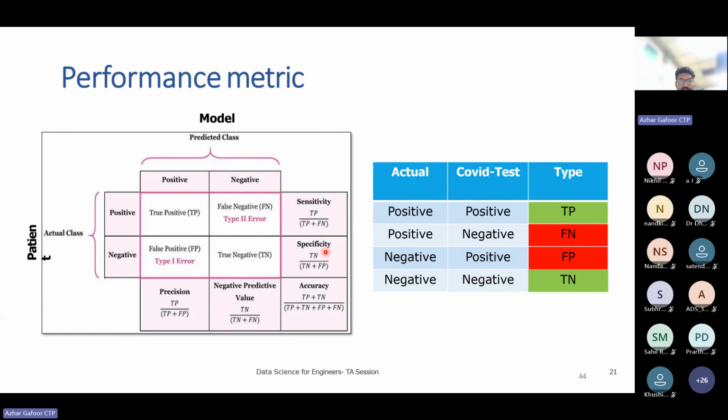Similarly, the negative predictive value is given by true negative divided by true negative plus false negative. And accuracy is a measure of, among all the measurements, how many are true predictions. So true negative and true positive come in the numerator, and all the numbers are in the denominator.